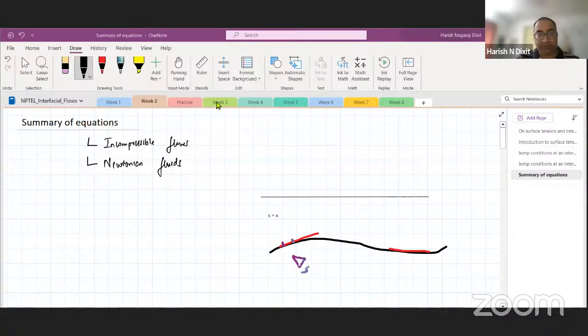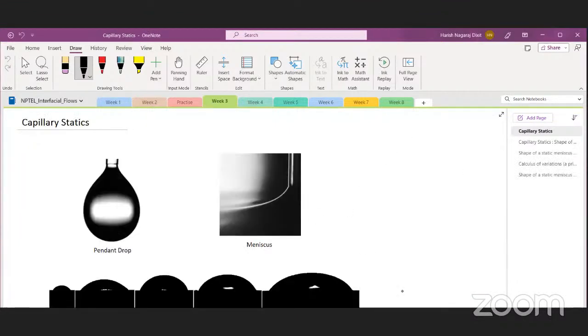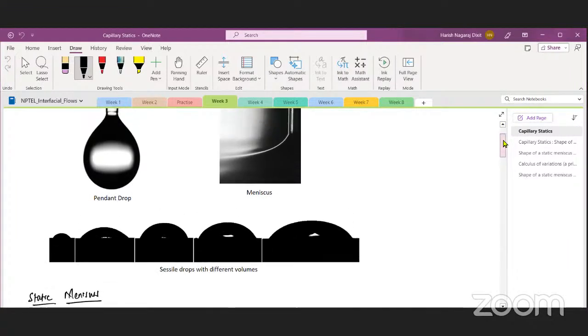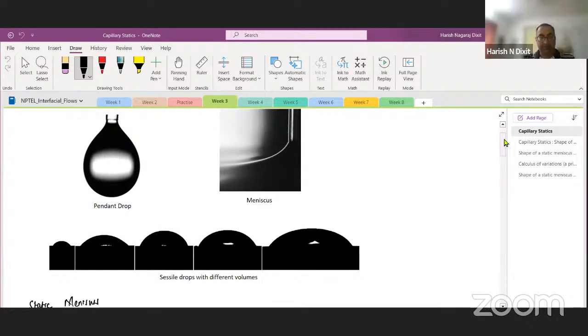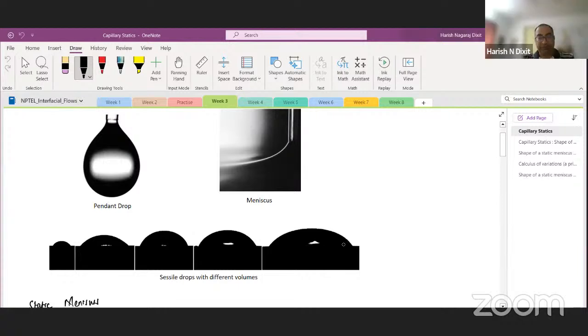You are referring to week 3, the photo that you showed. Yes, sir. If you have a hydrophobic surface, then the theta will become obtuse. Yes, but theta will become obtuse when measured inside the droplet. Okay, yes, sir.